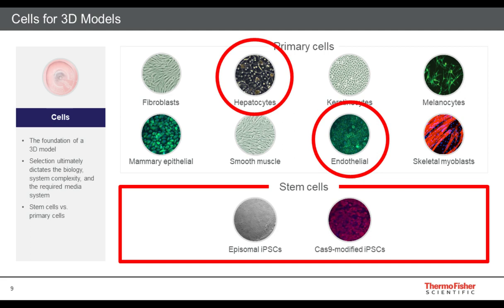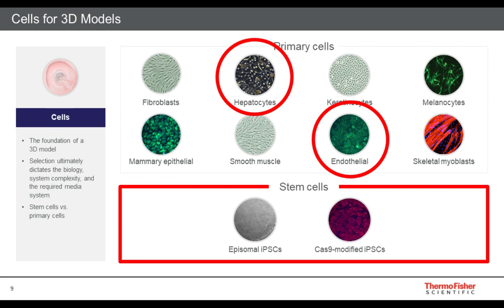For example, with respect to hepatocytes, one of the traditional challenges with working with primary human hepatocytes is their longevity in culture. So in typical 2D cell culture, a good lot of primary hepatocytes only lasts for probably somewhere around 4 to 6 days. A really good lot, or with some special media that are available, that might be extendable out to more of 8-10 days or so.